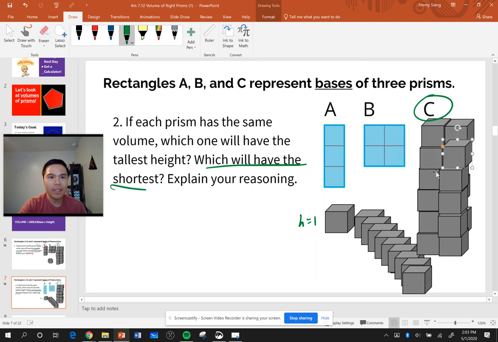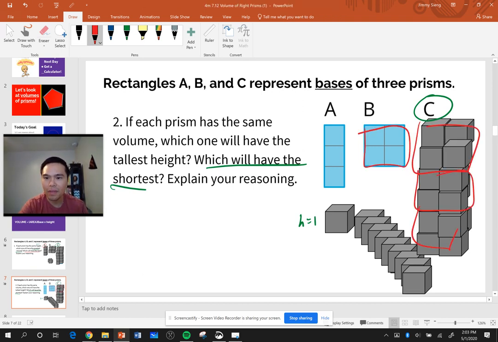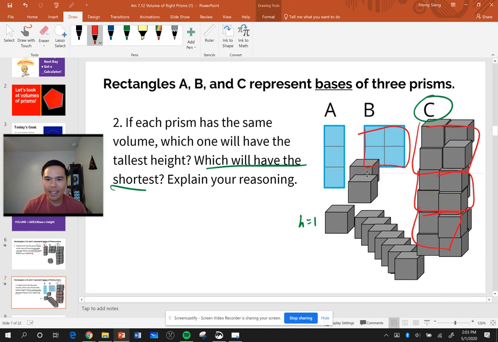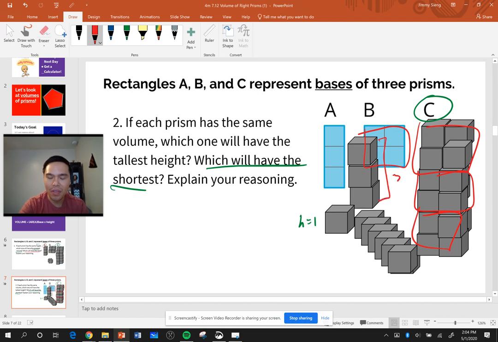Okay, well, it looks like for B, imagine that as being 4 blocks. So 1, 2, 3, 4. So it's safe to say maybe for B on the side, it's going to have about three blocks stacked up for its height, right? So for B, the height is going to be 3. Now if I do A, let's see, A requires 3 blocks.